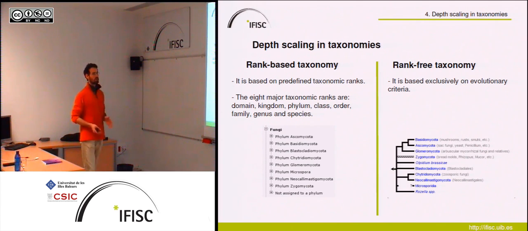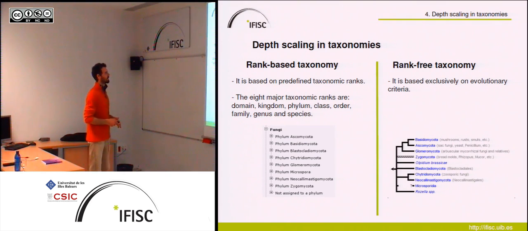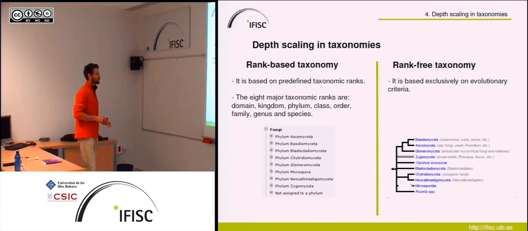And on the other hand, as a rank-free taxonomic criteria, this taxonomy is based exclusively on evolutionary criteria. So, for example, if we focus on the taxonomic tree of fungi and its corresponding phyla, with the rank-based taxonomic criteria, what we obtain is a fully polytomic tree where the different phyla are directly connected to the root.